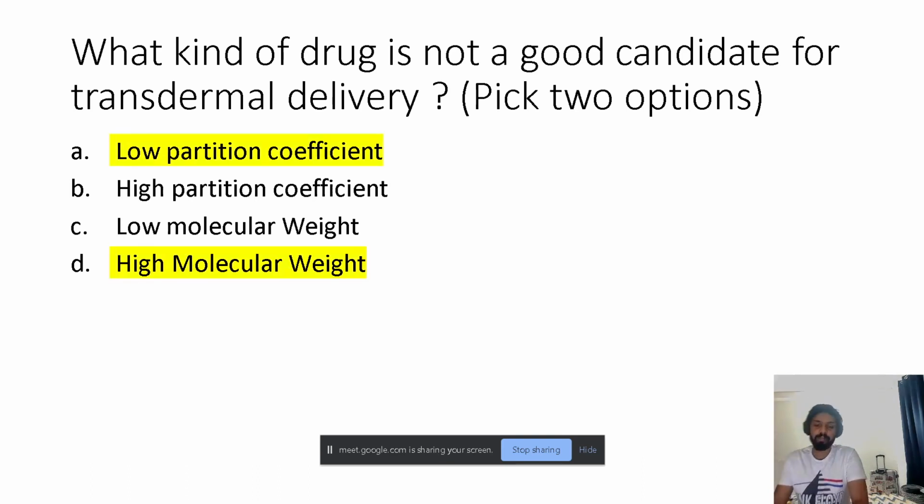So fairly straightforward. You can't deliver high molecular weight drugs through transdermal delivery, usually greater than 1000 daltons, and you can't deliver low partition coefficient drugs as well because they will not pass through your layer of skin cells, and then there's this layer of adipose tissue that's also present, right? So they will not pass through there.